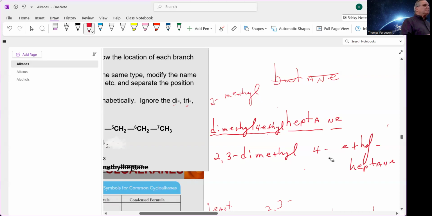Alphabetically, which comes first, E or M? E. So the ethyl comes first.